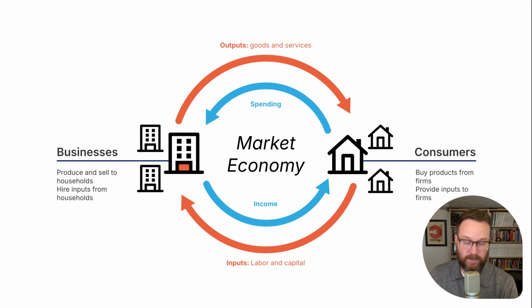So if you work in the US economy, your business is part of this system and relies on this circular flow of money. If you were to remove any piece of this, then the thing collapses. It doesn't work. Also, no one tells the businesses what to make. They have to figure out on their own what consumers are willing to pay for that will cover their costs and more.